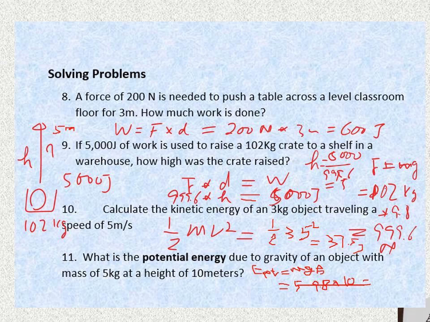Okay, 490. So if you get 490, congratulations. If not, let me know. 490. What is the unit? Joules. So if you lift something 5 kilograms by 10 meters, it has 490 joules.